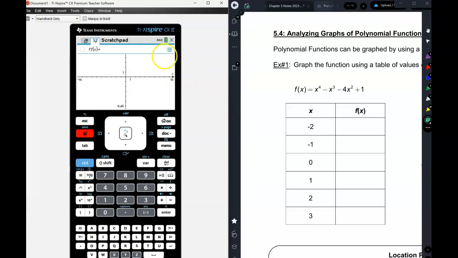So we're going to have x to the power of 4, minus x cubed, minus 4x squared, plus 1. Right? That's how my function looks.